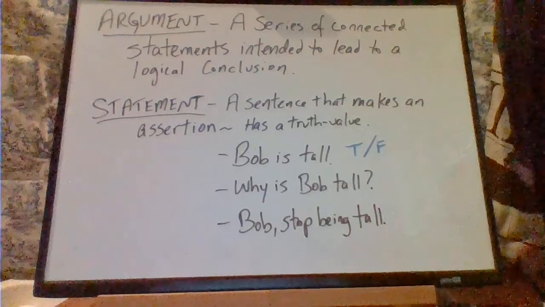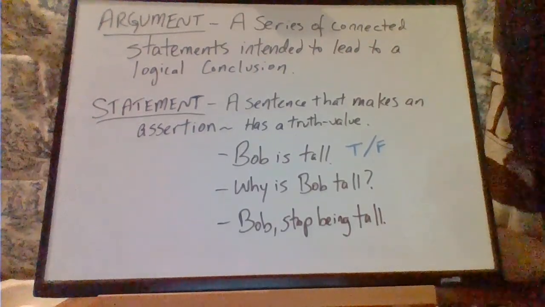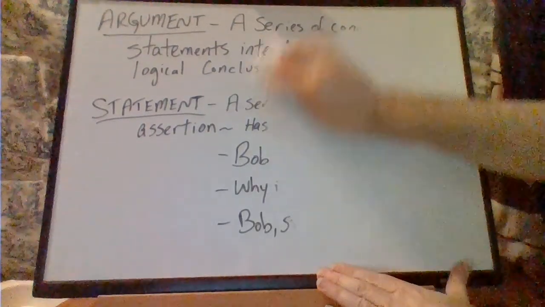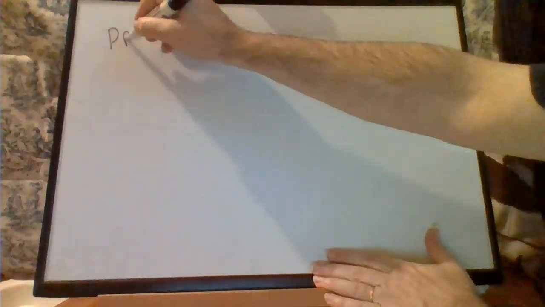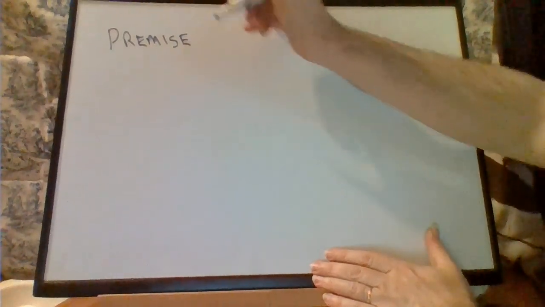Okay. The next thing that I want to look at is the fact that there are different types of statements that are used in logic. We have what are called premises, premise or premise statements.